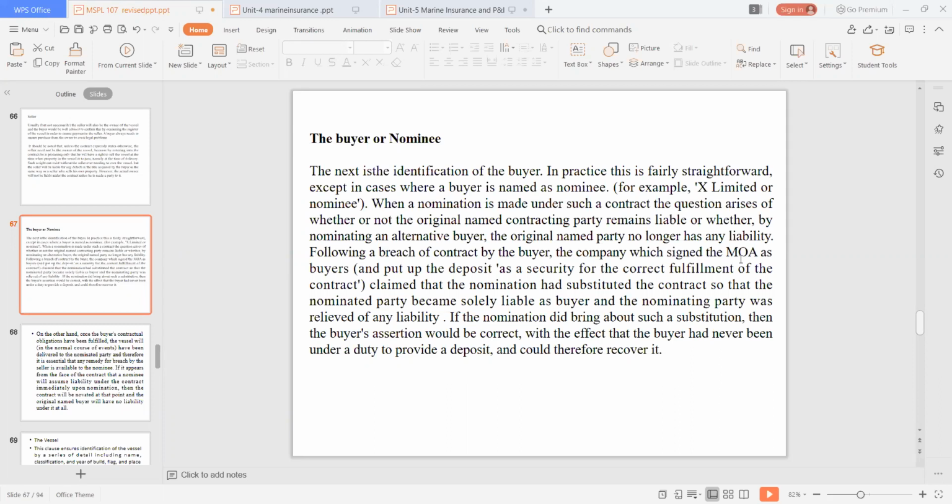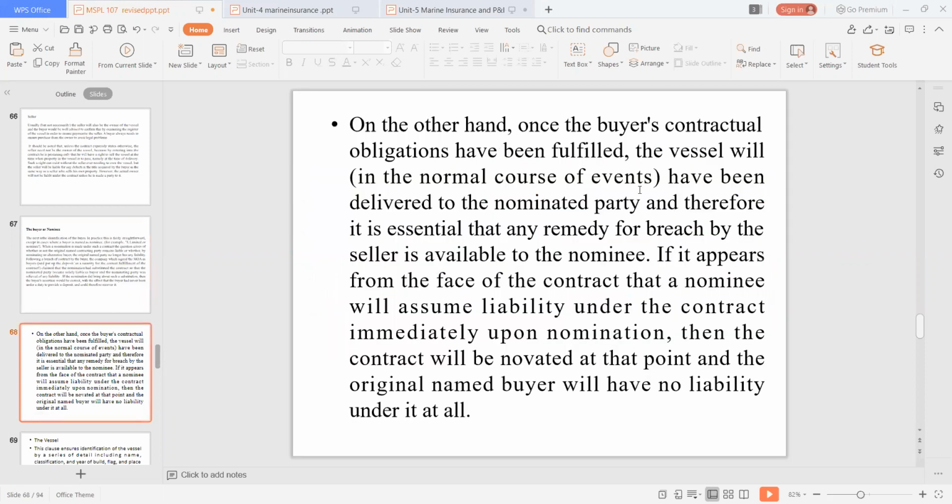Okay. So that is the importance of the buyer and the functions of the buyer. On the other hand, once the buyer's contractual obligations have been fulfilled, the vessel having been delivered to the nominated party, it is essential that any remedy for breach by the seller is available to the nominee.